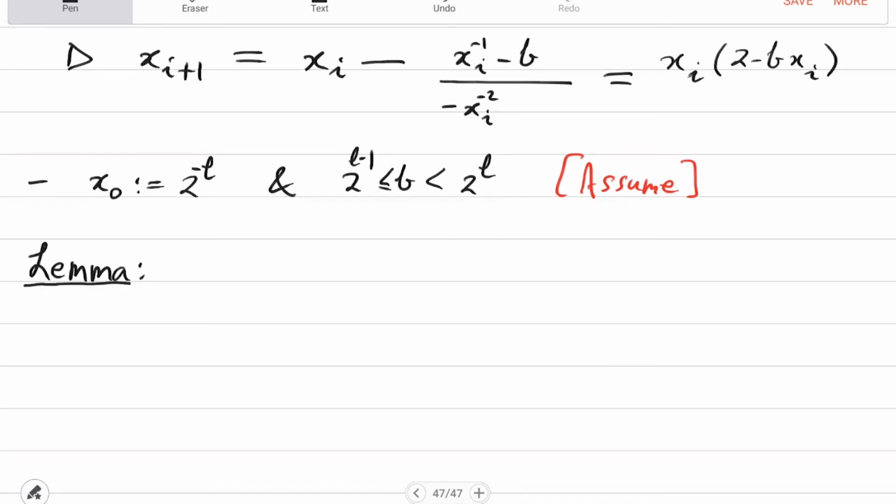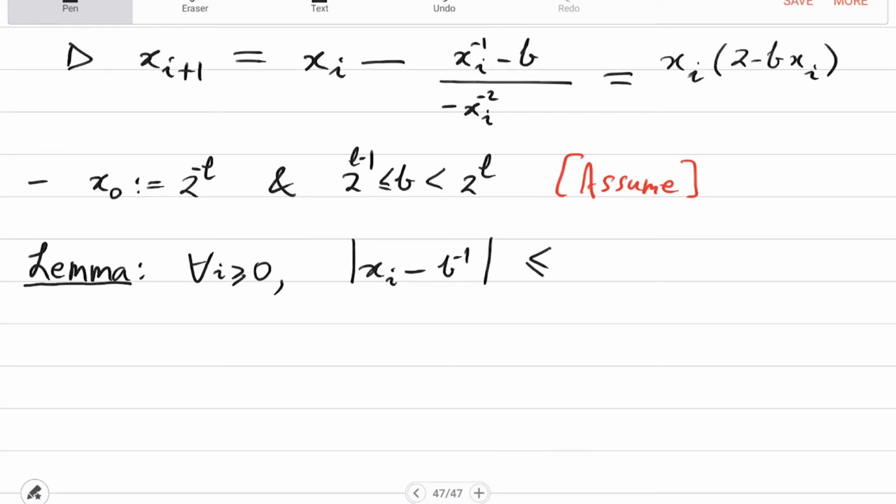Okay. So we have to now measure our progress. What is the progress, or how good is the approximation in the ith step of Newton iteration? So xi minus b inverse value, we want to show that it's very small.